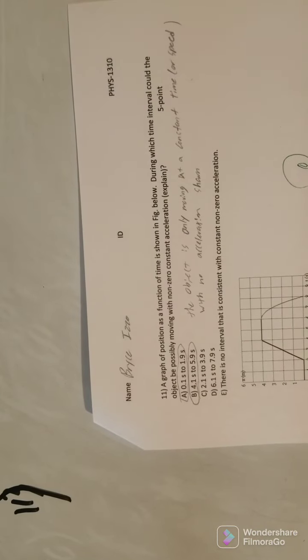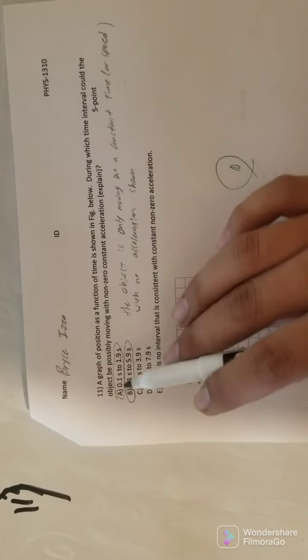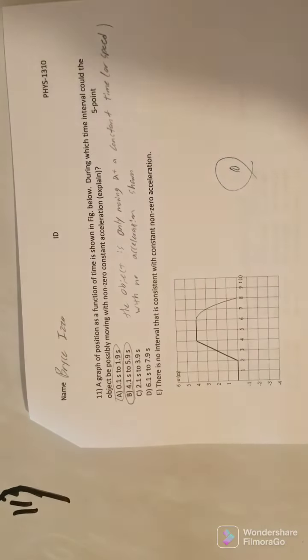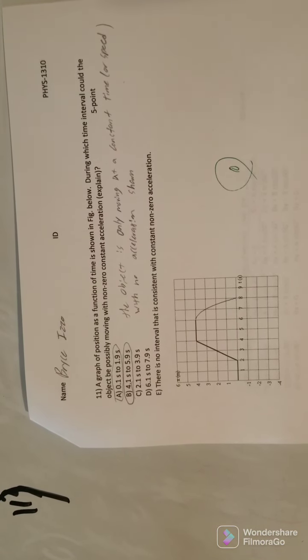Okay, so this is going to be number 11 on my exam homework. I'm pretty sure I just marked the wrong answers, because as shown on the graph, it wants to know what time intervals the object will be moving with non-zero constant acceleration.